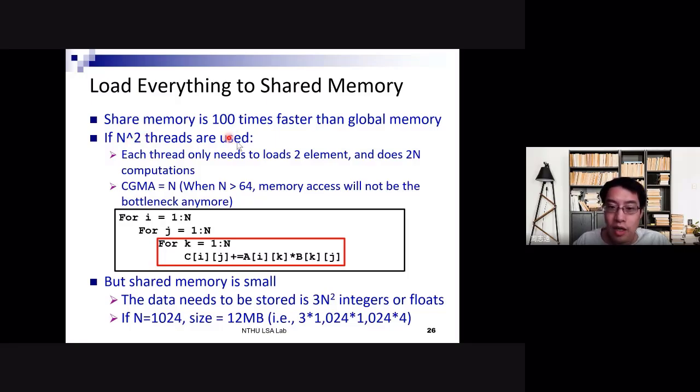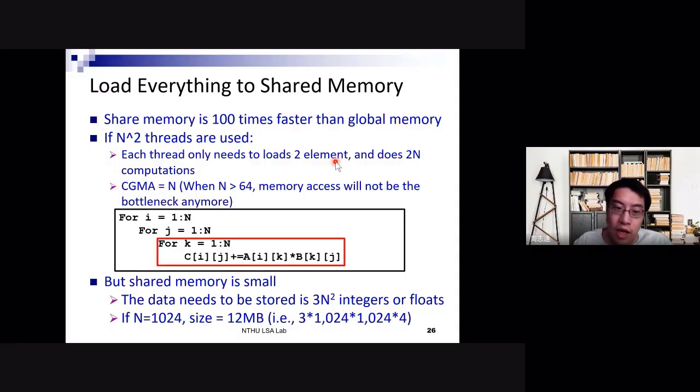The result, of course, after we do the computation, we also need to write to the shared memory and move it to the global memory. That's matrix C. But again, read and write can be considered separately. So here we only consider the read. So each thread needs to load 2 elements to the shared memory. So it still requires 2 global memory accesses per thread.